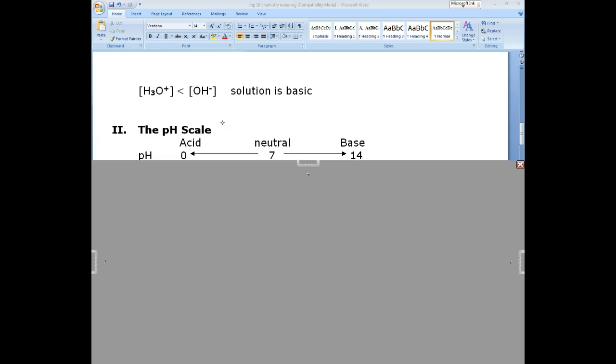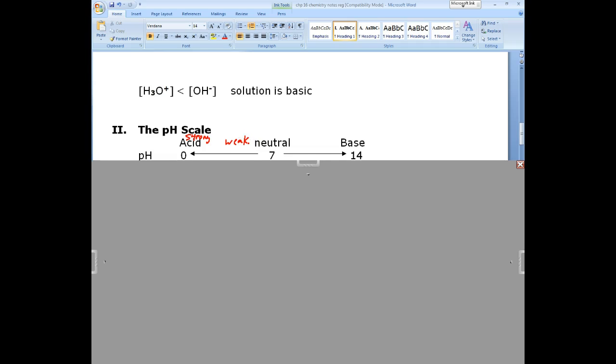Now, if we deal with the same concentration of acids, so let's say we're dealing with 1 molar solutions, what we would end up finding is that our strong acids, those that ionize more, end up on this end of the scale, and our weak acids might be at like 4 or 5.